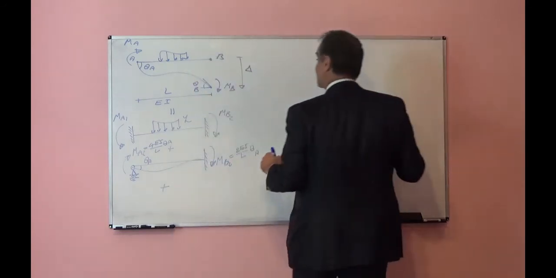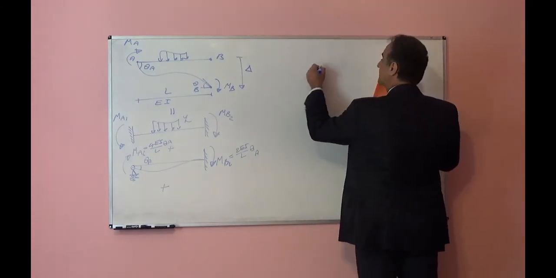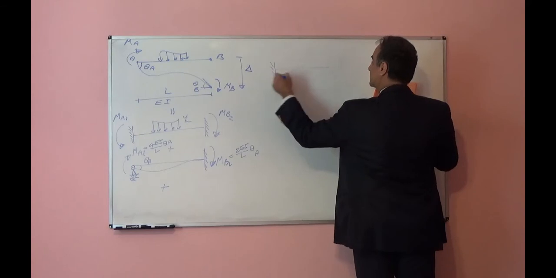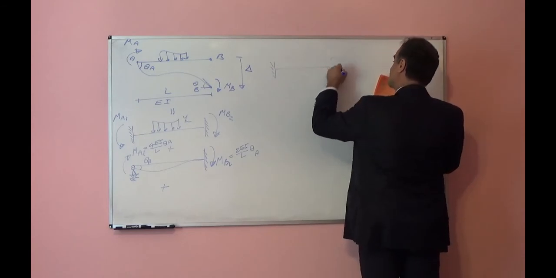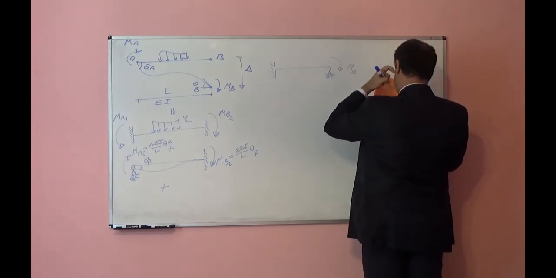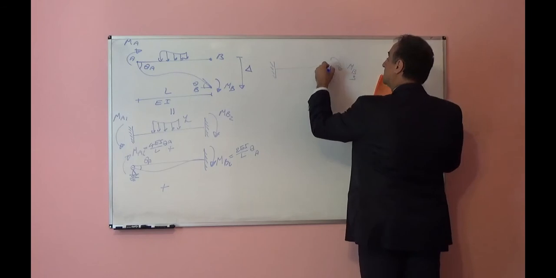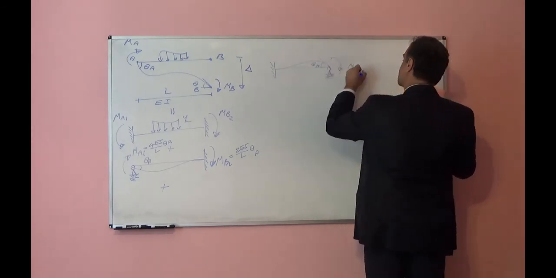Plus, if I apply the effect of rotation at joint B, that will be another one end pin, another end fixed support system. This will be MB3. This will be theta B here.